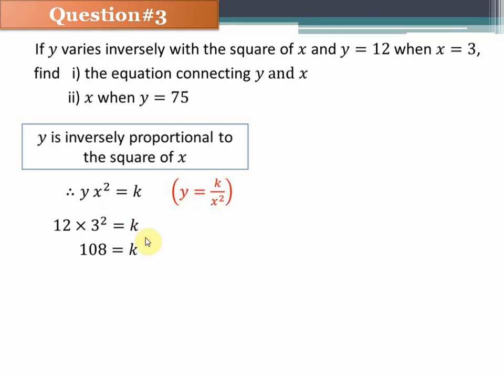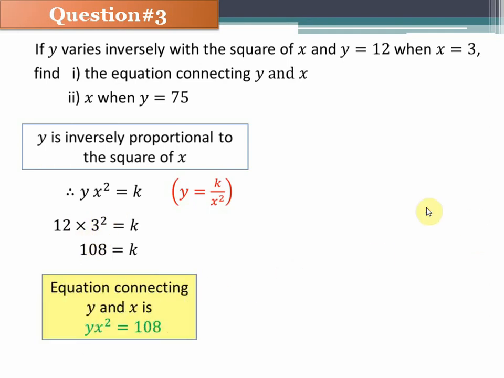This is the other form of the inversely proportional type of equation. So just use the values of y and x. We got the answer, k is equal to 108. Now the equation connecting y and x is y x square is equal to 108. You can also use y is equal to 108 over x square.